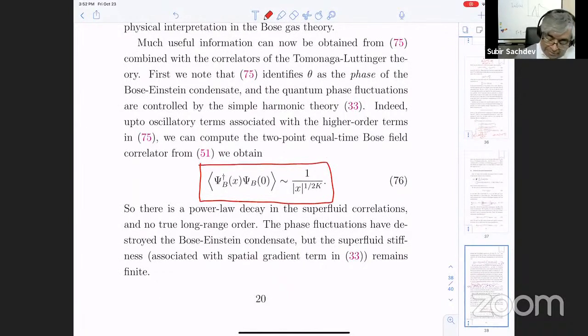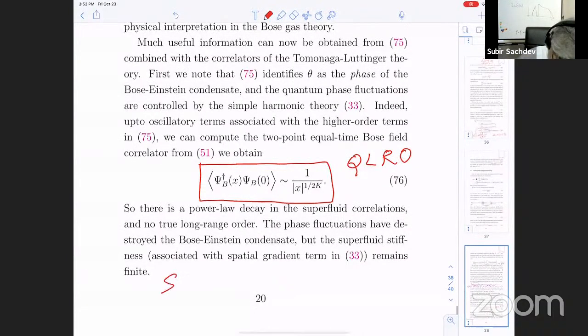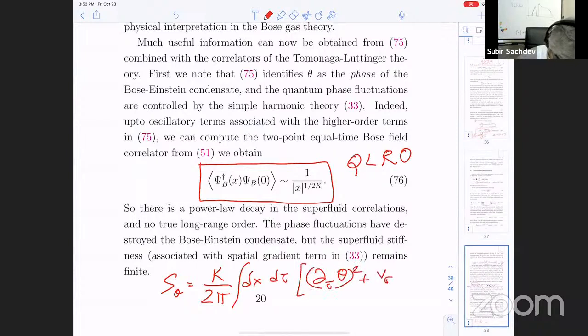that you have what's called quasi long range order. There's no condensate, but the correlations decay with a power law. And the action here for theta, and if I put v_F equals 1, is ∫dx dτ (∂_τ θ)², okay, maybe I won't put v_F squared (∂_x θ)².